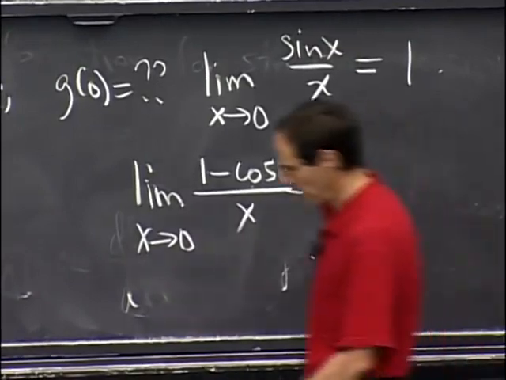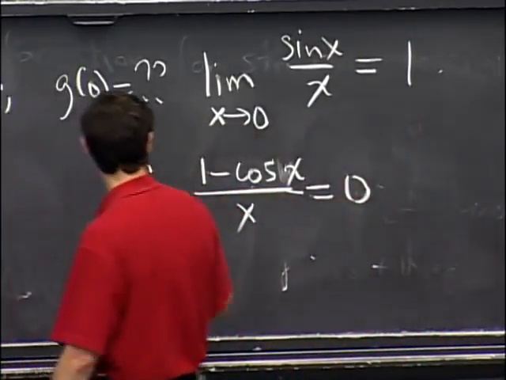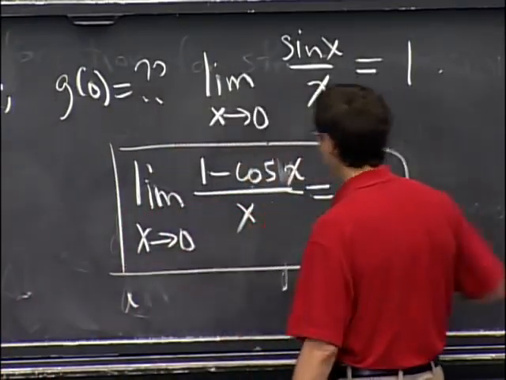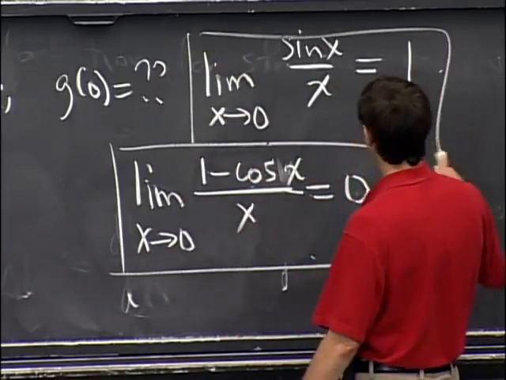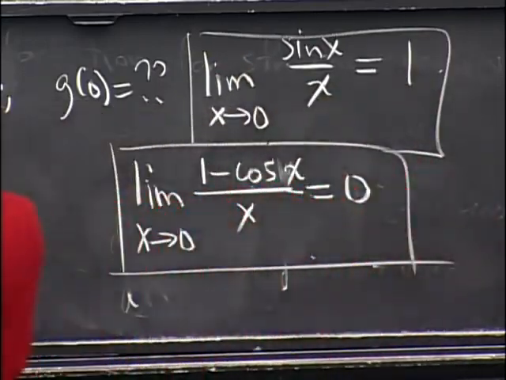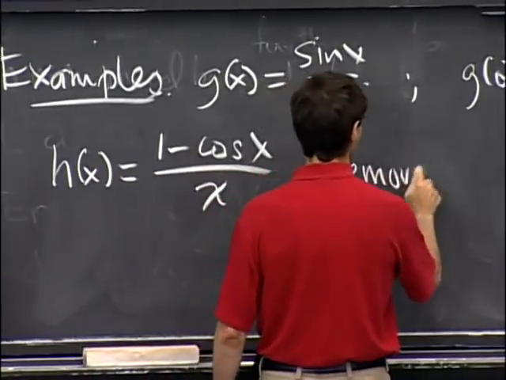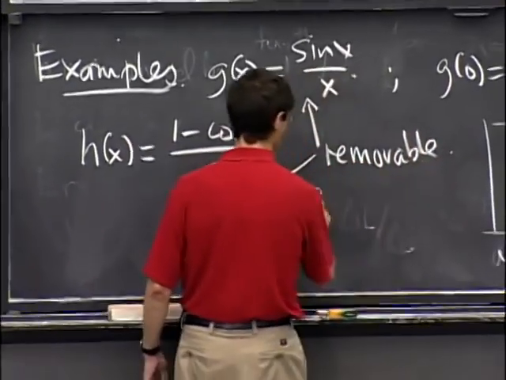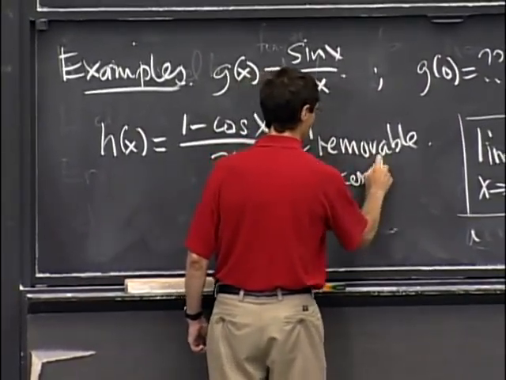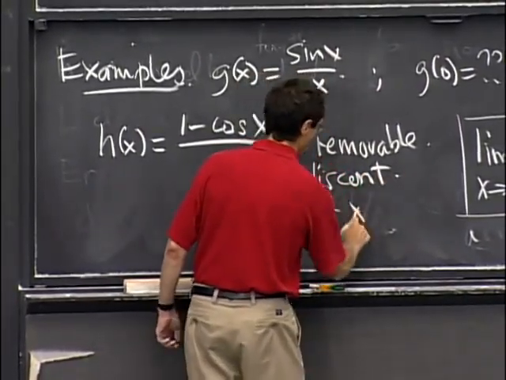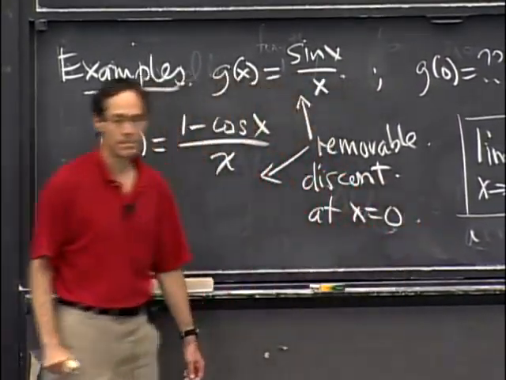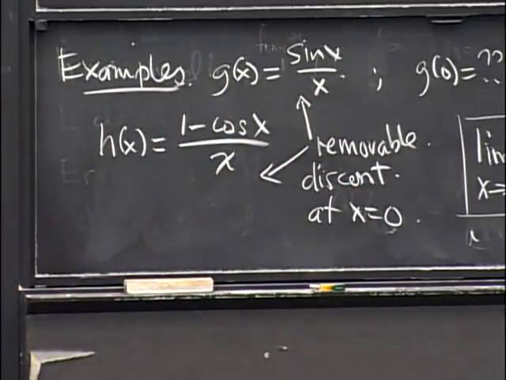Okay, so these are very useful facts that we're going to need later on. And what they say is that these things have removable singularities. Sorry, removable discontinuity at x equals 0. All right, so as I say, we'll get to that in a few minutes.